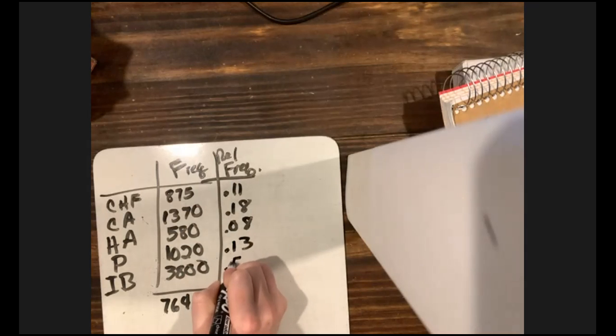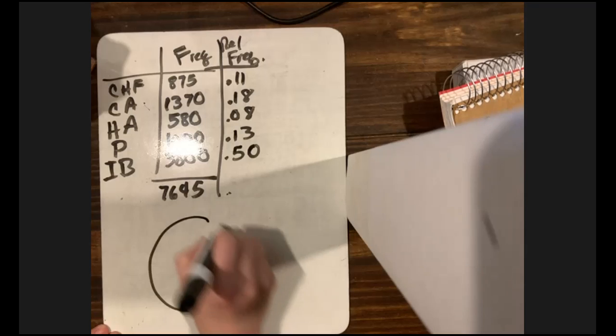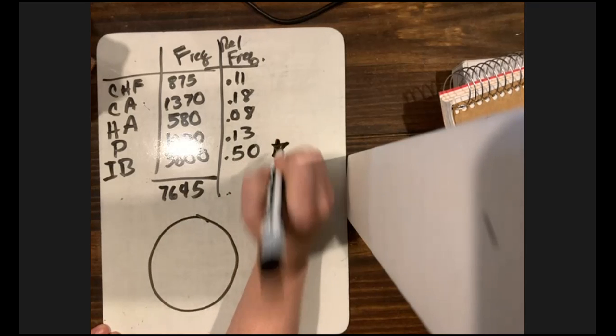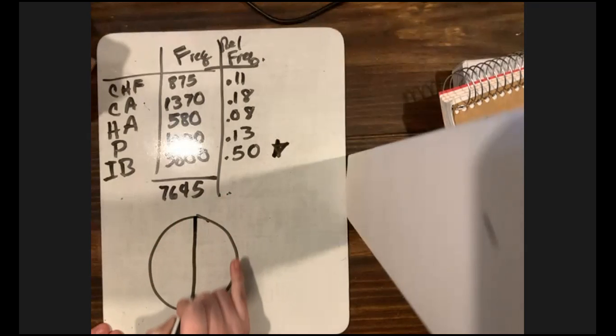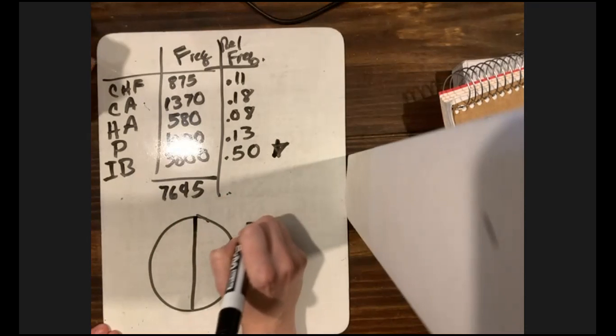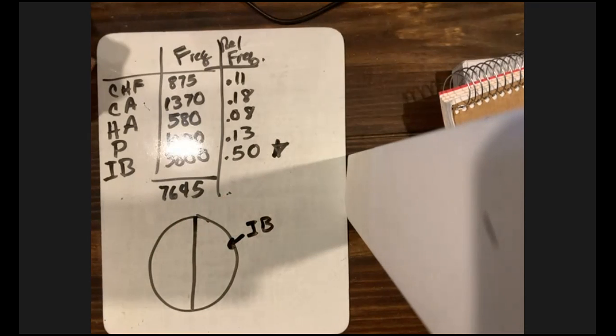And this is 0.50. So that's going to be our categories. Okay. So now, if I'm going to make a pie chart for this, I'm going to start with infant birth because that's the easiest one. That's half. So then I would have this labeled infant birth.